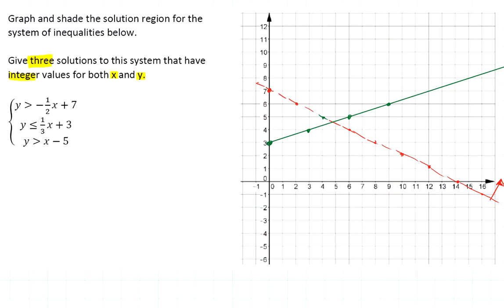So I've got the or equal to, so that's the solid line, but less than this line are going to be those things that are below that. So I'm going to shade below the green line and above the red line. I'll have to erase this, but already there's kind of a solution in here that meets those. But there's one final constraint, and that is that y's are greater than x minus 5.